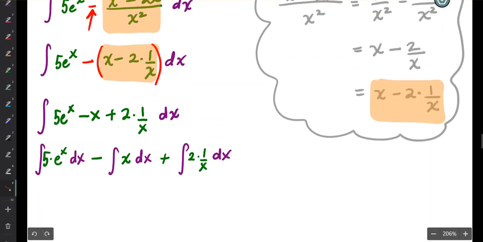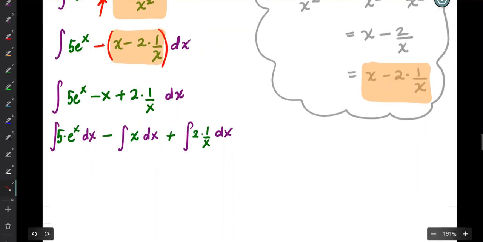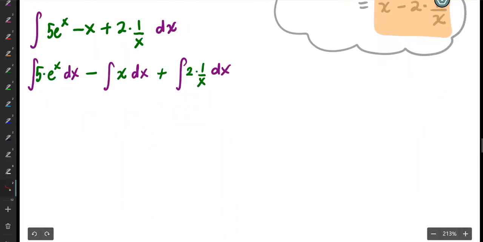I encourage you to pause the video right now and make sure you're comfortable with the algebra, and then think about why I'm choosing to write my green function this way, and then chime back in. Okay? So welcome back. I'm now just thinking about the derivative of what function is 5 times e to the x, and that is 5 times e to the x. The derivative of 5 times e to the x is 5 times e to the x.